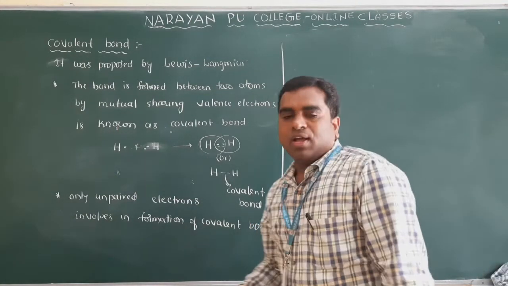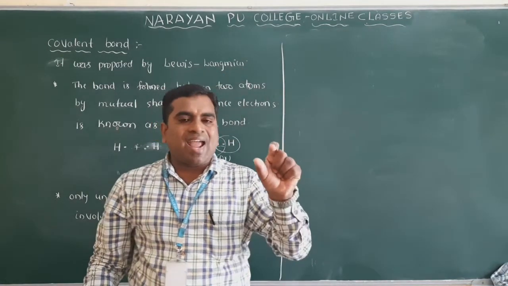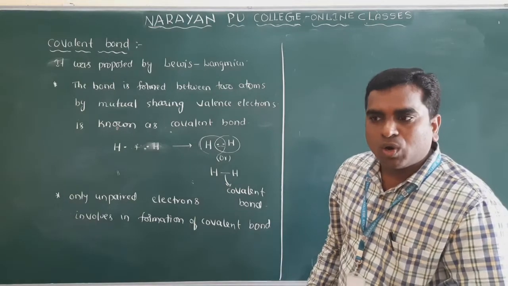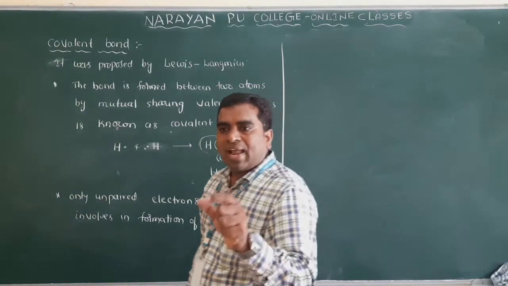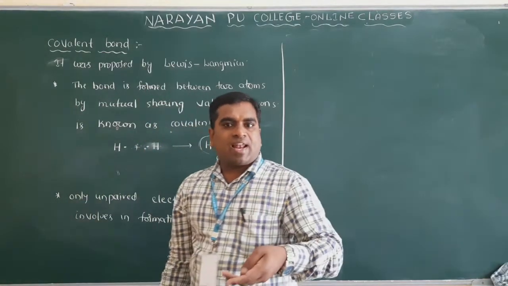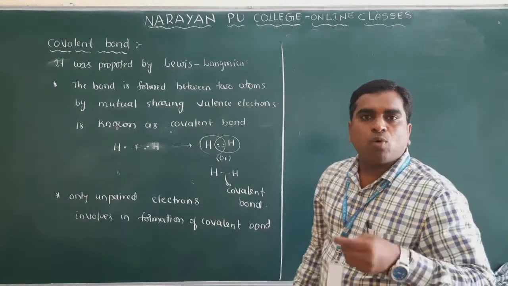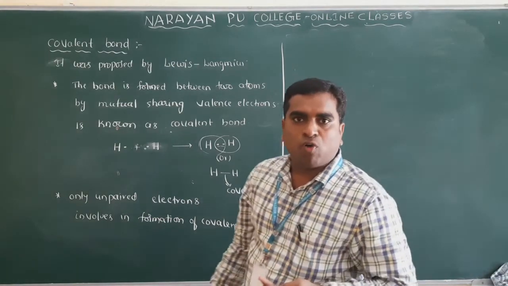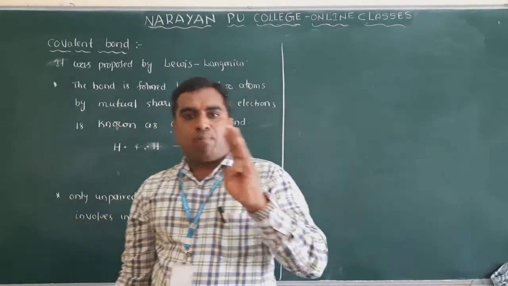Another point here: how many covalent bonds an atom can form is equal to the number of unpaired electrons that atom has. Suppose an atom has 3 unpaired electrons, it can form 3 covalent bonds. Suppose it has 5 unpaired electrons, it can form 5 covalent bonds.